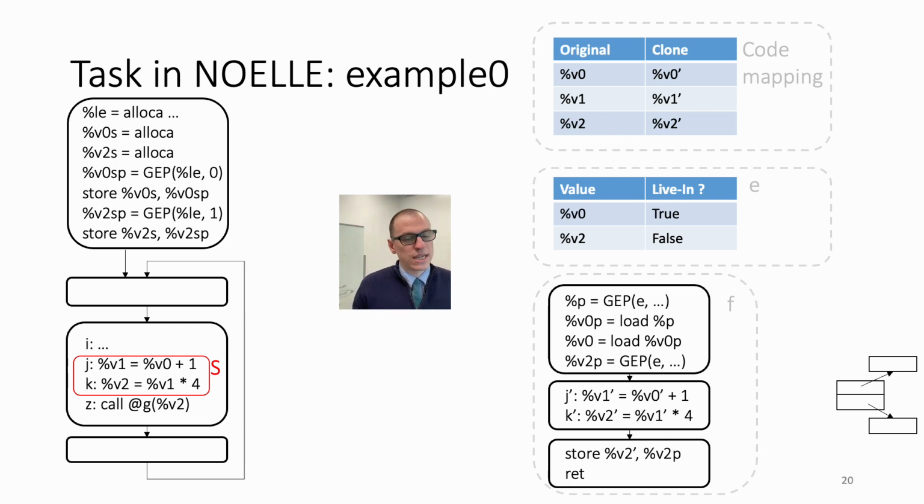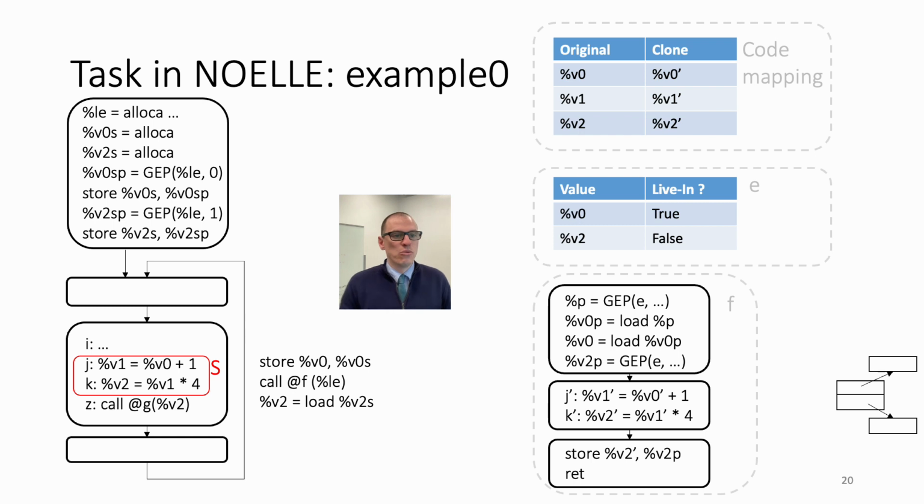But in order to do that, we have to do it just where these values are available and correct. In our case, it's always safe to take these values just before the code that you decided to outline into a separate task. In this case, just before S, so just before the instruction J.